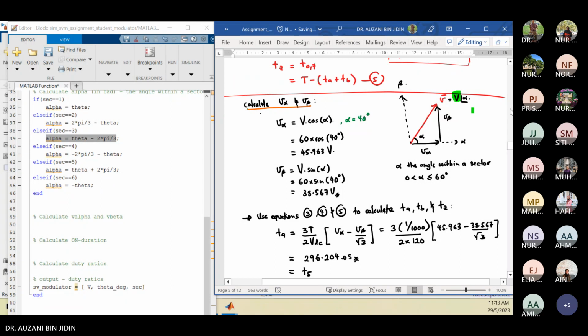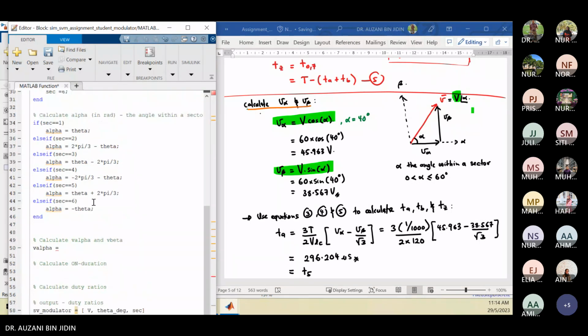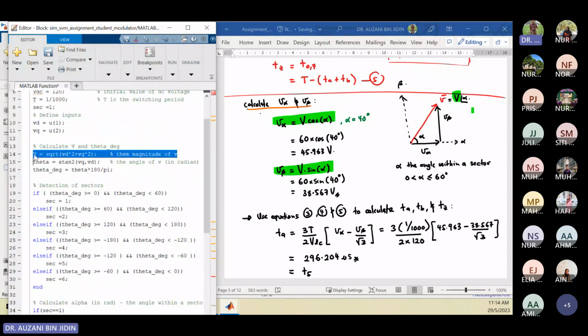Okay, then you can apply this equation. You can use this equation to write the coding here. Maybe you can define V alpha as the magnitude. Look above here, you have already written the coding to calculate the magnitude.